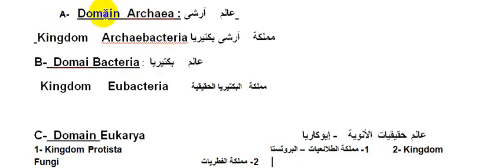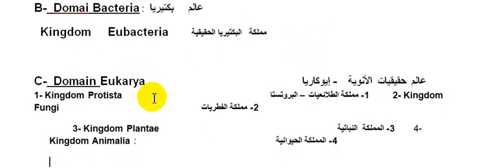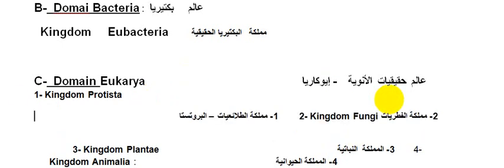Their cells are single-celled microorganisms surrounded by a cell membrane, with a cell wall of pseudomurein in Archaea and peptidoglycan in bacteria, the Eubacteria. Then we shift to the domain Eukarya. We have the kingdom Protista, which includes unicellular organisms, and we have kingdom Fungi, kingdom Plantae and kingdom Animalia.